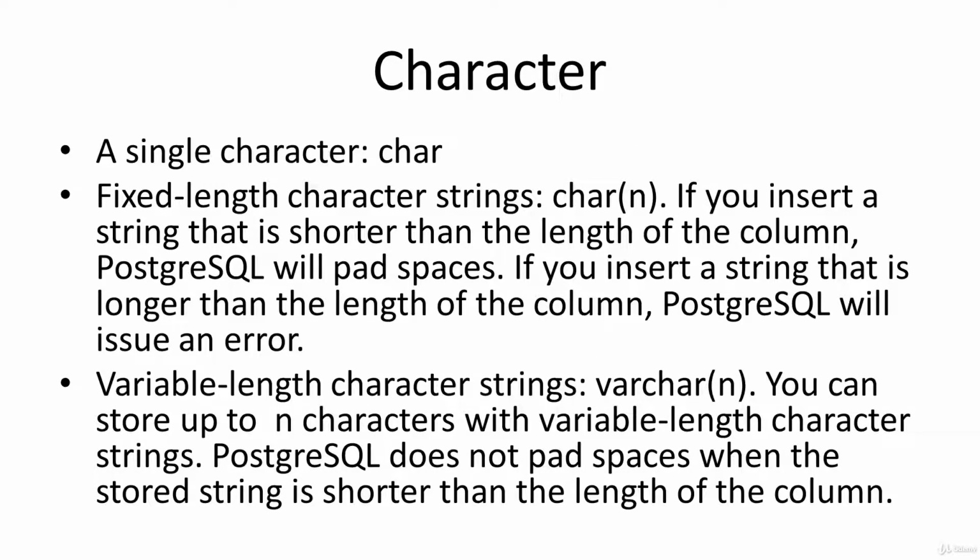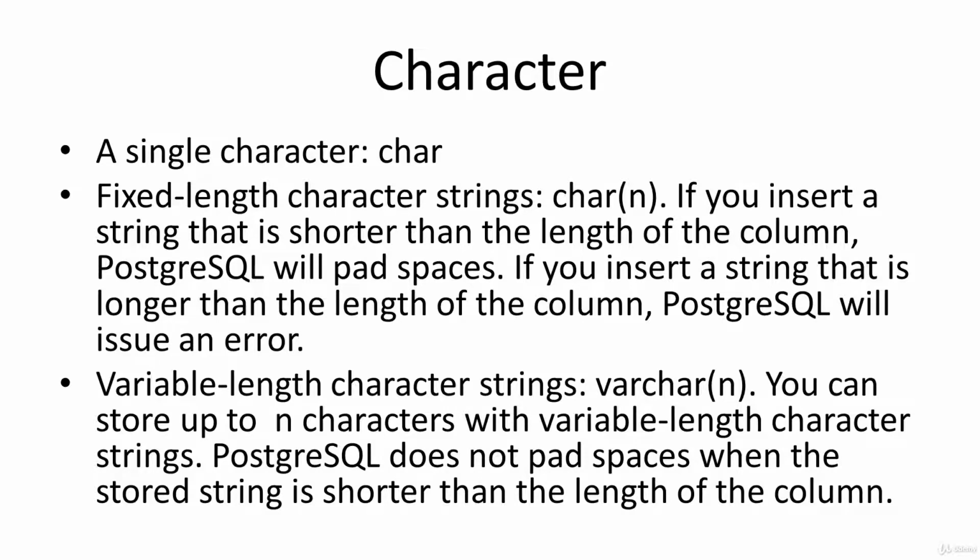Now, about character data types, PostgreSQL has three types of character data types. One is the single character, CHAR, and then the second one is the fixed length character strings, CHAR(n), where n is some number. If you insert a string that is shorter than the length of the column, PostgreSQL will pad spaces, meaning it's going to add some spaces there.